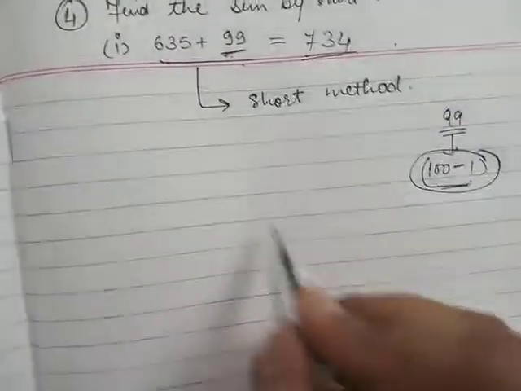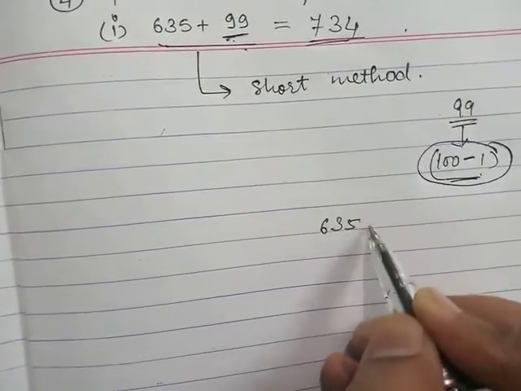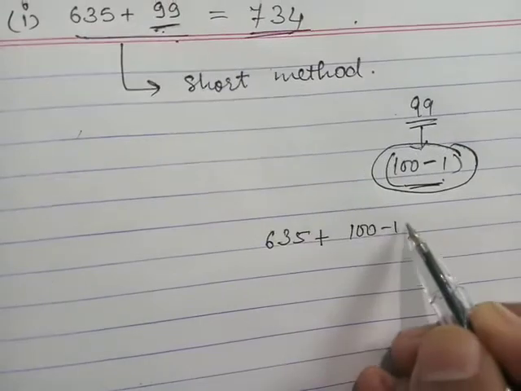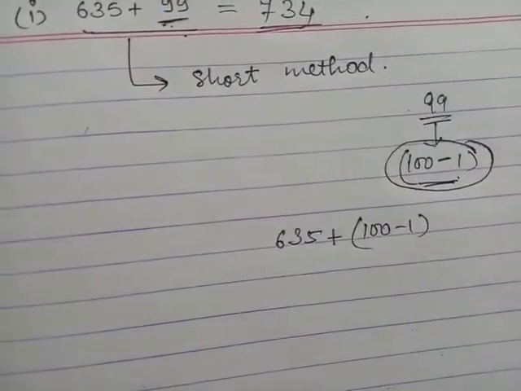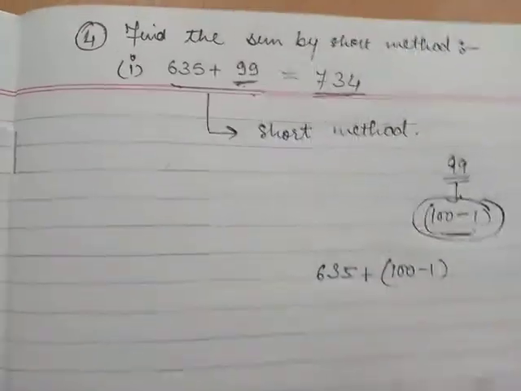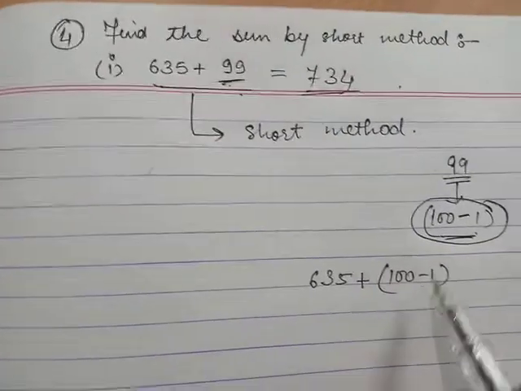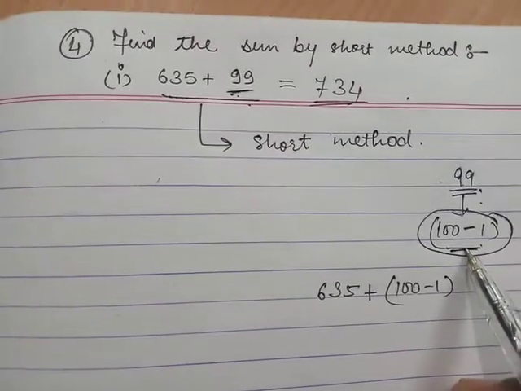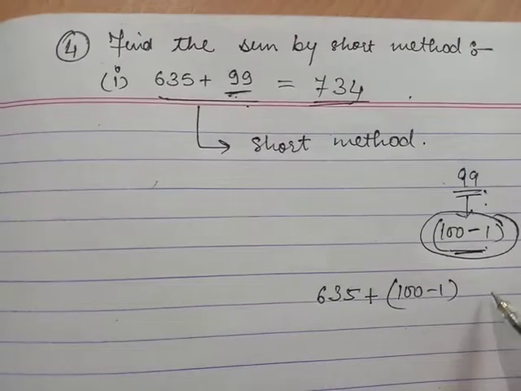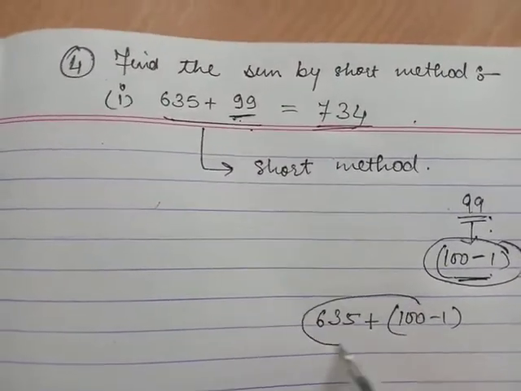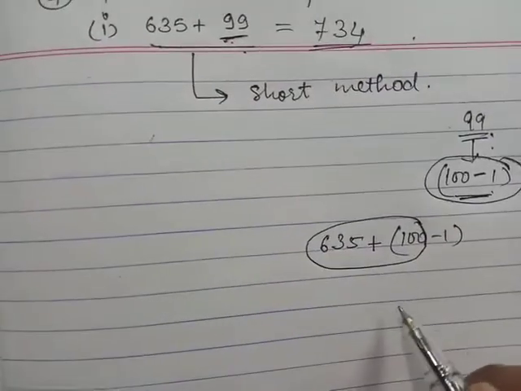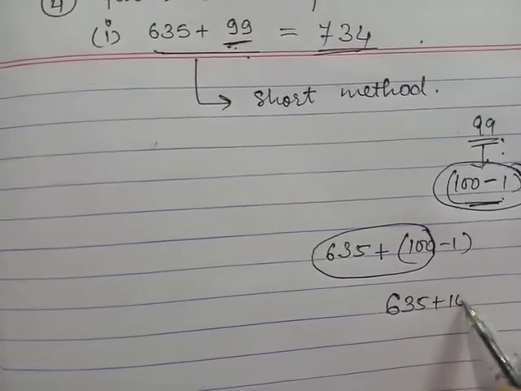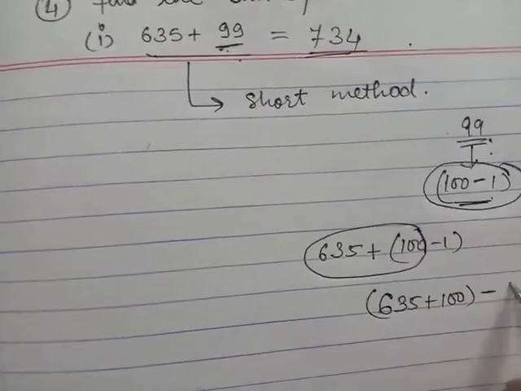That will be 635 plus 100 minus 1. Here you can see I have put the value of 99 as 100 minus 1. Now we put these values together: 635 plus 100 minus 1.